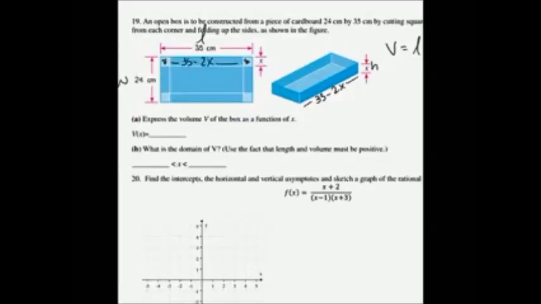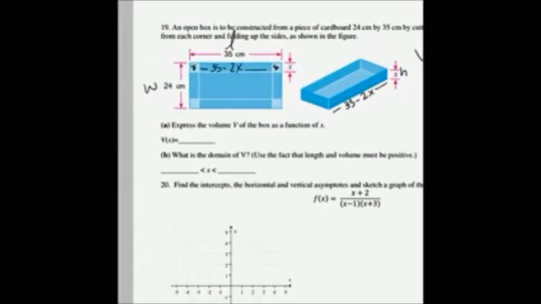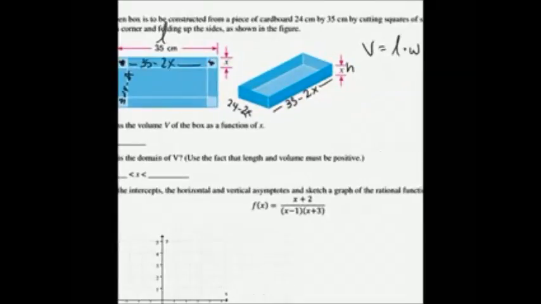Now the width here, the full width is 24 when it's laid out flat, but when this piece and this piece is taken out, then it's 24 minus 2x right there. So 24 minus 2x. So we have the width here, the length here, and the height here.